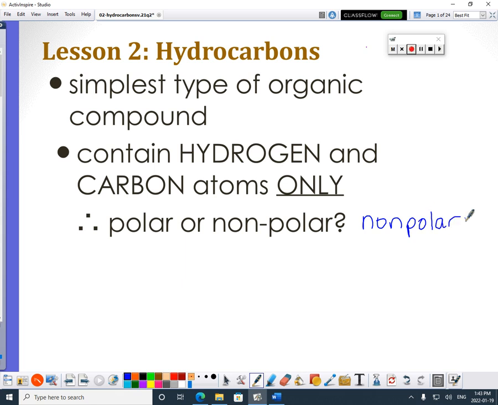So what we're going to look at in this unit, instead of worrying about chemical formulas like NaCl, H2O and stuff like that, is drawing. How are the atoms arranged? The formula for organic compounds, many of them, is actually kind of useless.